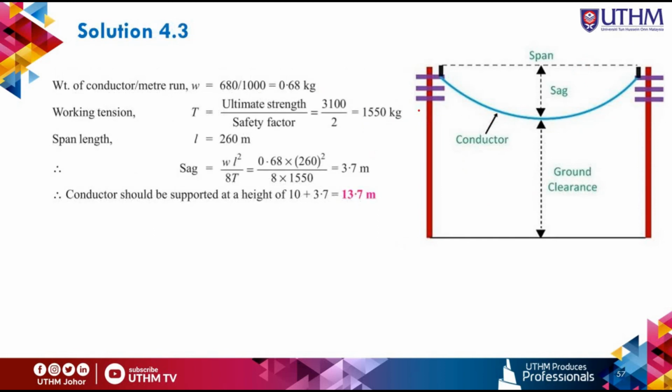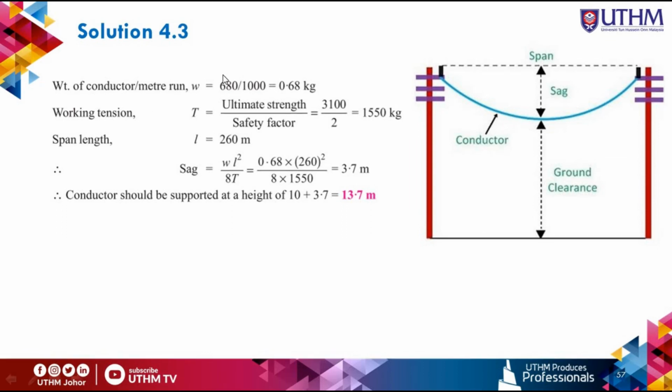This is the solution for example 4.3. First, you have to calculate the weight of conductor per meter. In the question it is given in kilograms per kilometer, so we have to change to kilograms per meter. For the weight of conductor per meter run, W is equal to 680 divided by 1000. Why 1000?